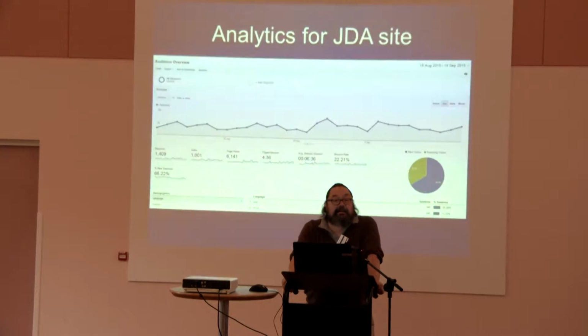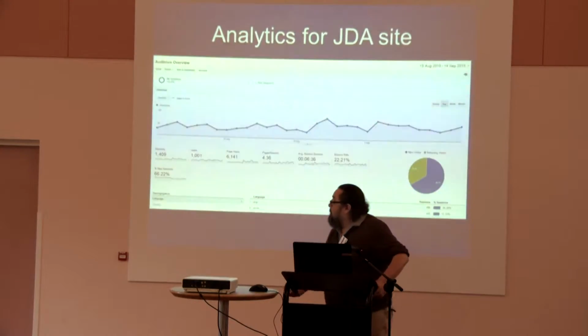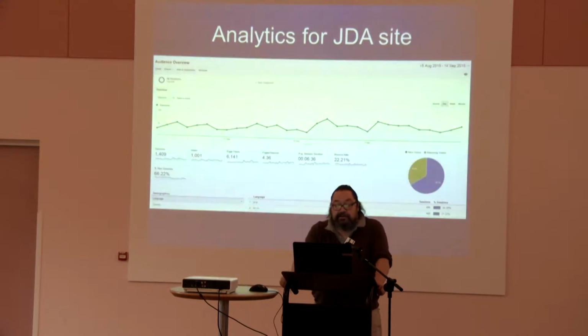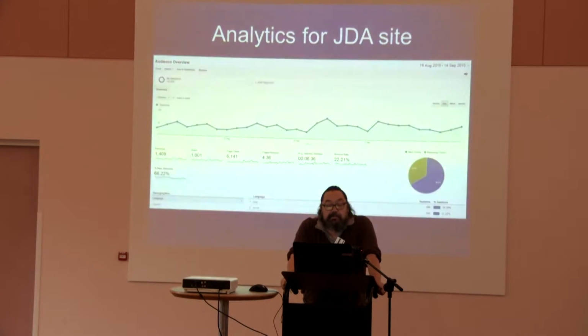These are some analytics for the JDA site. I'm not sure how clearly you can see them. This covers 1 month from August 15th to September 14th, so 2 days ago. The relevant figures, I think, are that according to people who know more about this than I do, the average session duration of 6 minutes, 36 seconds suggests that when people find us, they stick around.